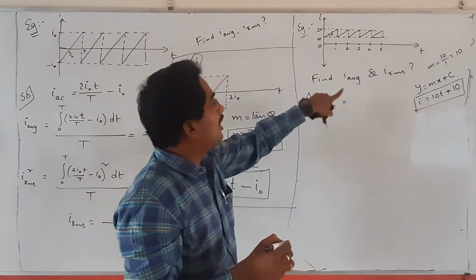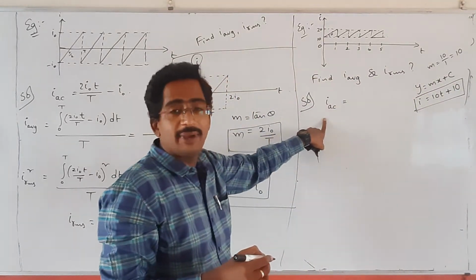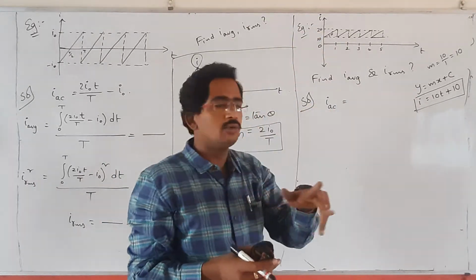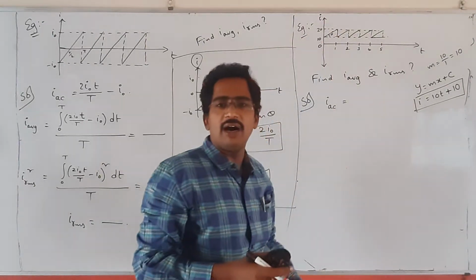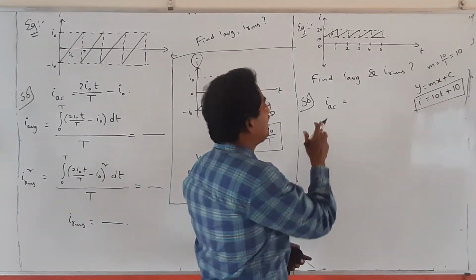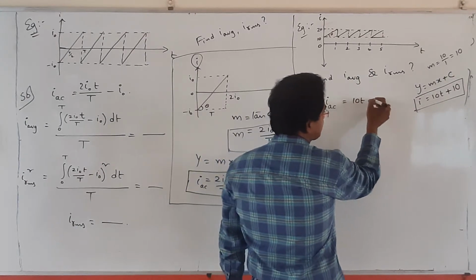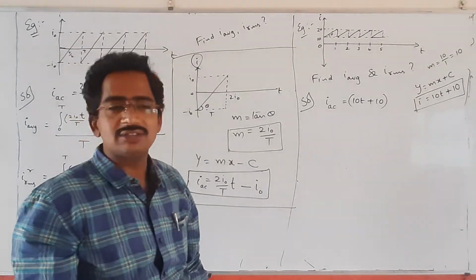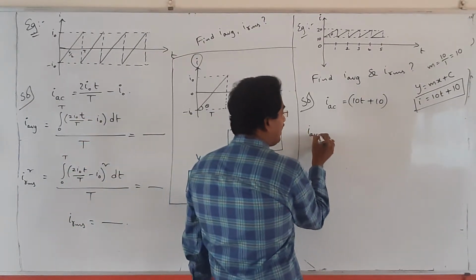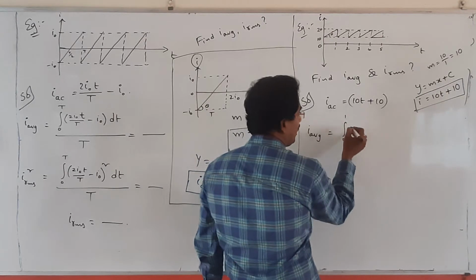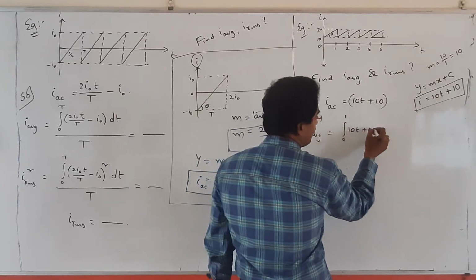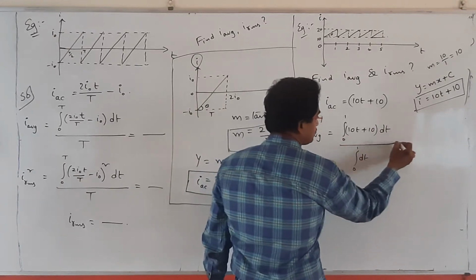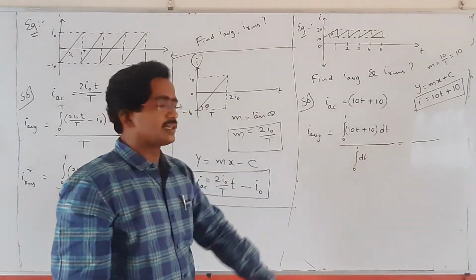Here c value is positive and the slope is also positive. So IAC equals 10t plus 10. After writing that, you have to substitute in the formula. I average equals integral 0 to 1 of (10t plus 10) dt divided by integral 0 to 1 dt. Solve that and get the answer.